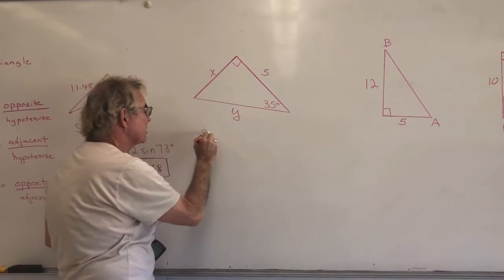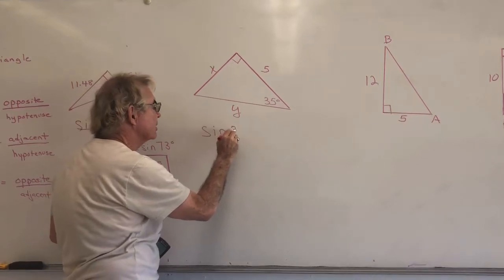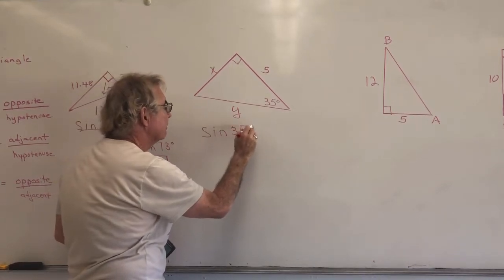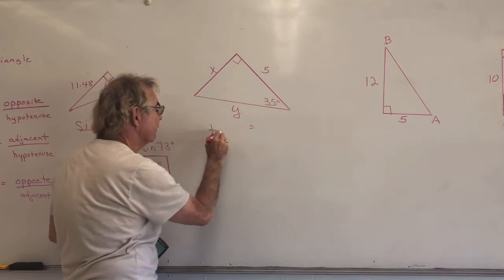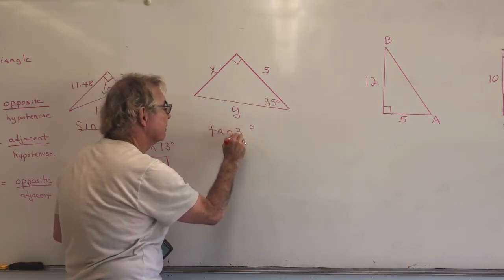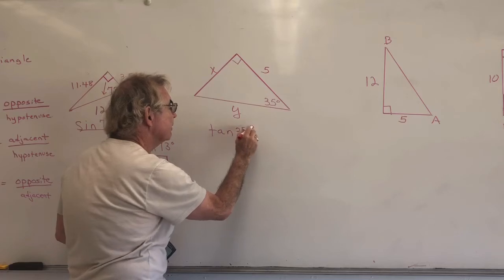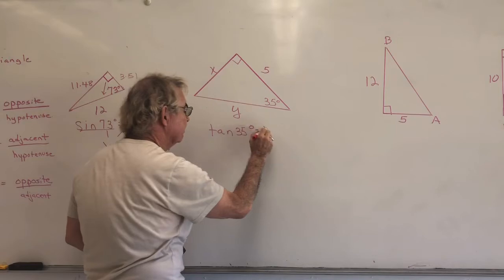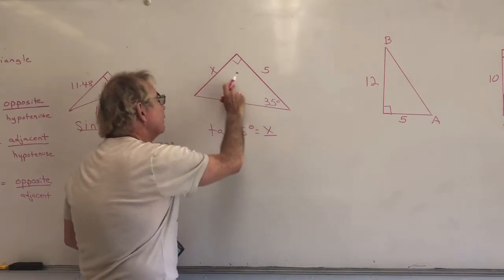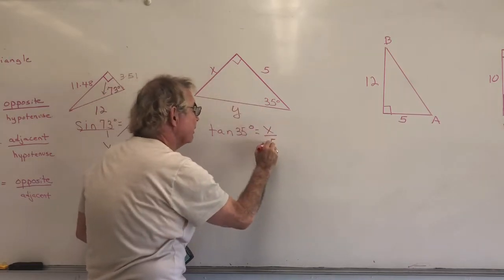So we would say the sine of 35 degrees, excuse me, no, it would be the tangent of 35 degrees. Tangent is the opposite, x, over the adjacent 5.